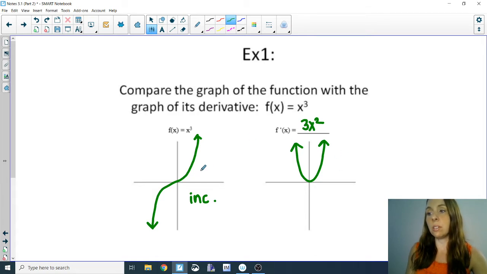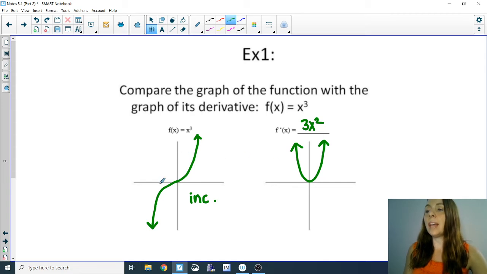The function is increasing throughout, yet the derivative, hey, just so you know, in case you're not aware of this, you should be reading the direction of a graph from left to right. Meaning, if you start to the left and you move toward the right, what is that graph doing? It is decreasing until x equals 0, and then it's increasing, right?